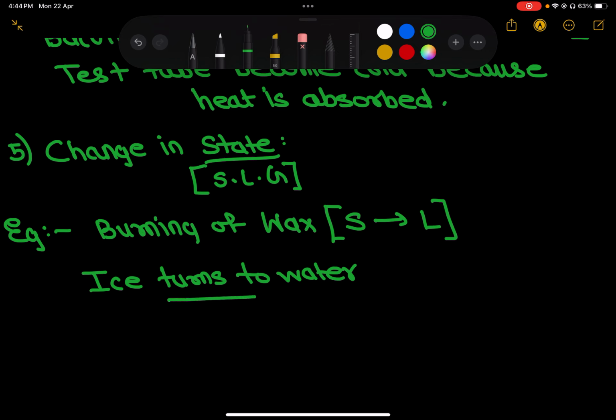It goes this way as well as this way. It is reversible, which is not a chemical reaction. So it is controversial. You will not see this change in state in many cases, but it exists, so you have to study it. The best example to remember is burning of wax, solid to liquid.